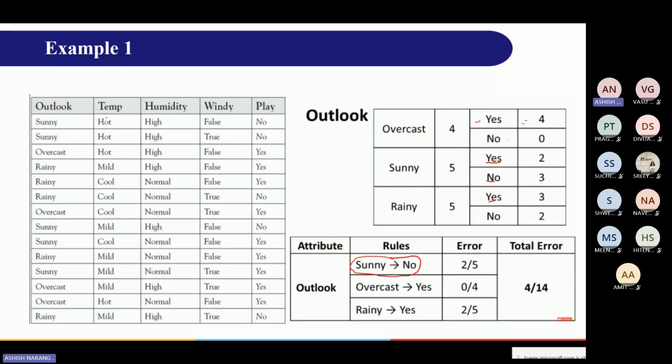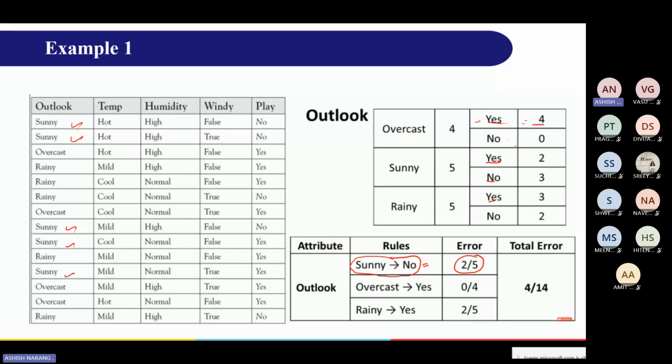For sunny, how many records are there? 1, 2, 3, 4, 5. Out of those 5, 2 are yes, 3 are no. So 3 records comply with this, but 2 records do not comply with the rule. So there is an error of 2 records, so we put 2 by 5 as the error. Overcast, yes: when there is overcast, I am going to play.